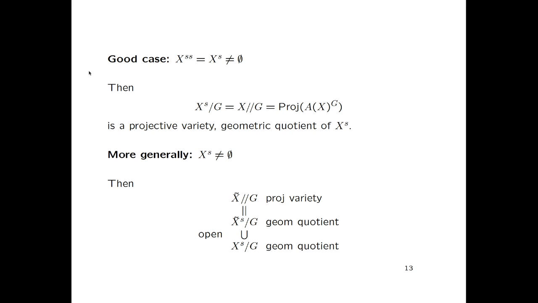Then you've got a geometric quotient of the stable points, which is itself a projective variety, and it's this GIT quotient. And more generally, at least if you've got some stable points, you've got the geometric quotient of the stable points, and you can sit that as an open subset inside a projective variety, which is itself a geometric quotient of the stable points in this blown-up space.